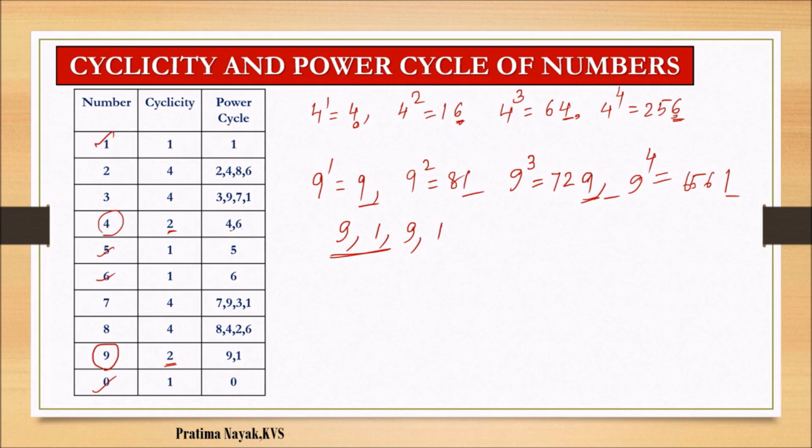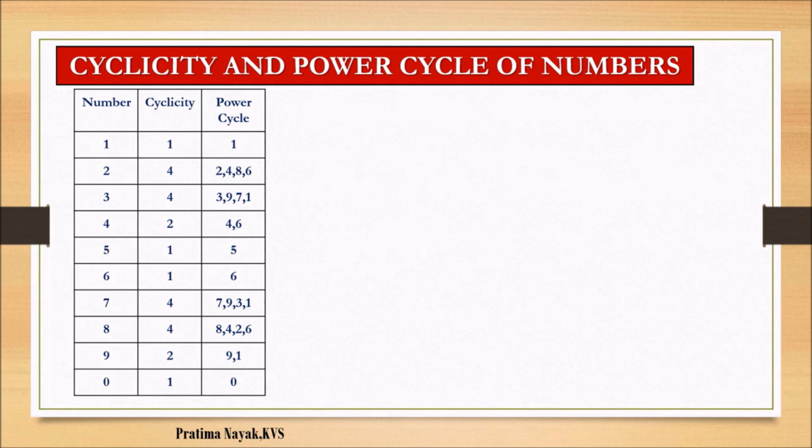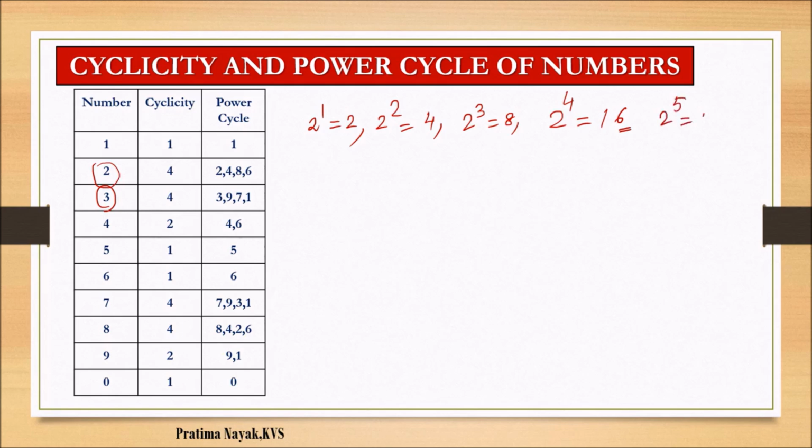Next is 2, which has cyclicity 4. 2 power 1 is 2, 2 power 2 is 4, 2 power 3 is 8, 2 power 4 is 16, so the end is 6. 2 raised to the 5 is 32, again 2. 2 to the power 6 is 64, so 4.